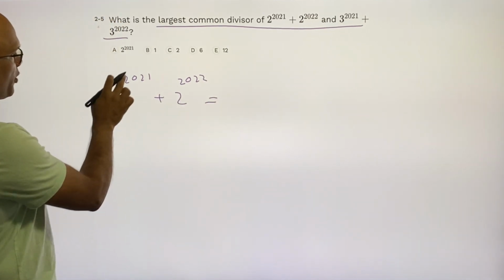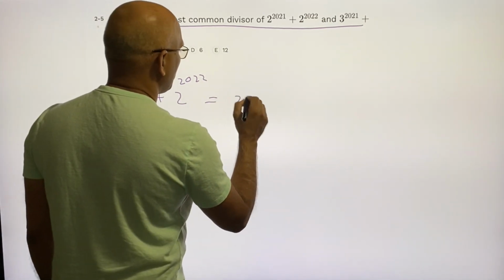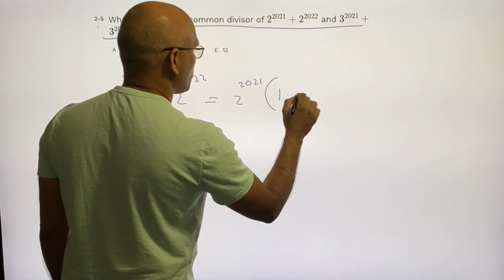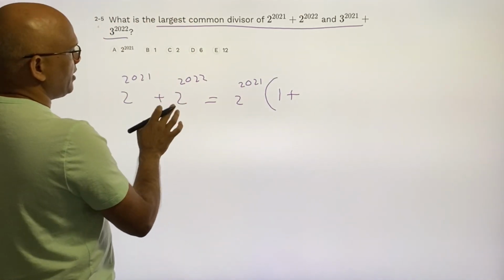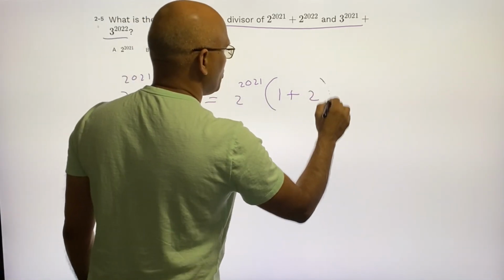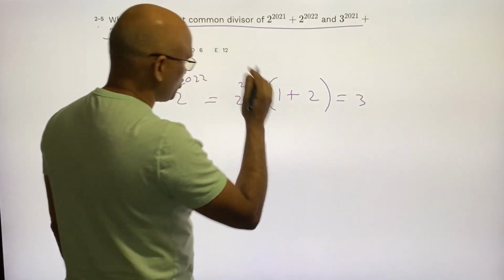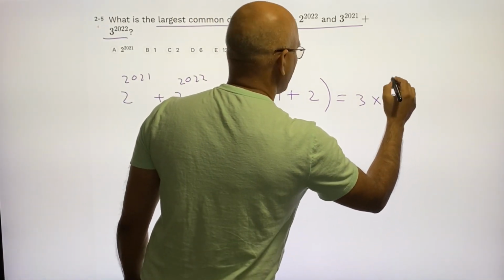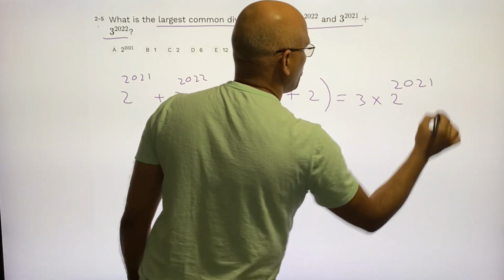I can take 2 to the power 2021 common, and then this is 1 plus, if I take 2 to the power 2021 common, this is going to be 2. So this is going to be 3. 2 plus 1 is 3 times 2 to the power 2021. Okay.